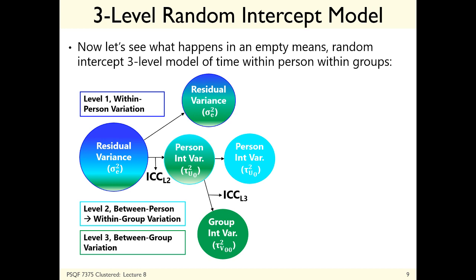This part is where we started our semester. This is cluster data. How much of person variation is actually group relative to within group, right? So I can have an intraclass correlation at level 3 that says out of the level 2 and above variance, out of what I'm calling person, how much of that is group? That's my level 3 ICC. My level 3 ICC ignores level 1 because I've already split that off.